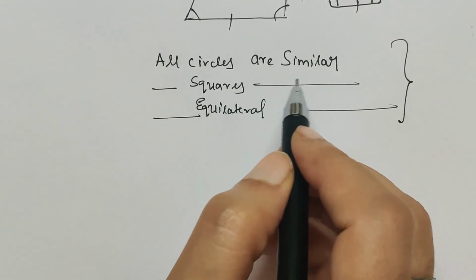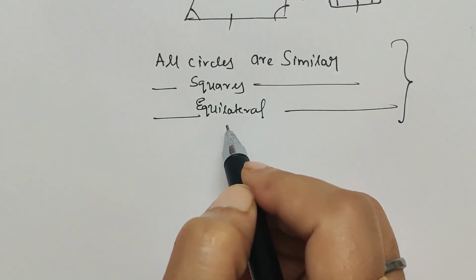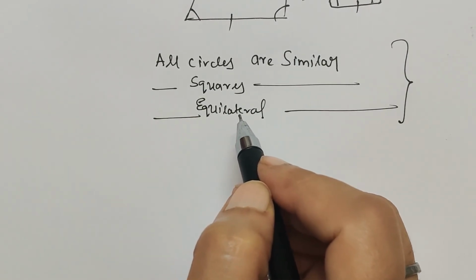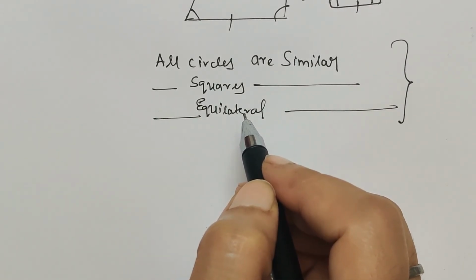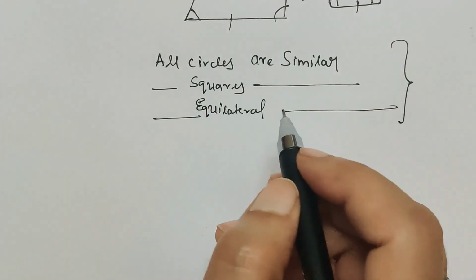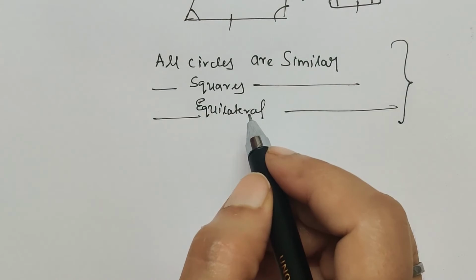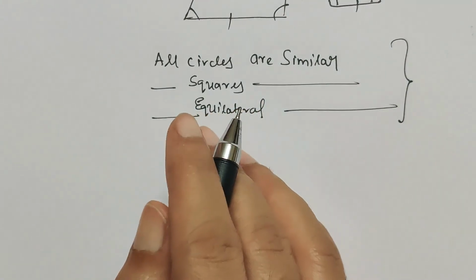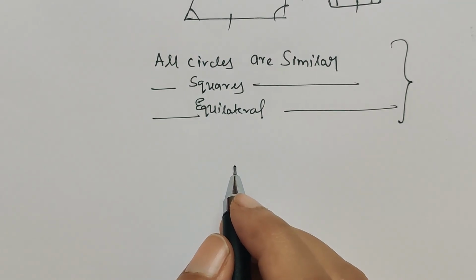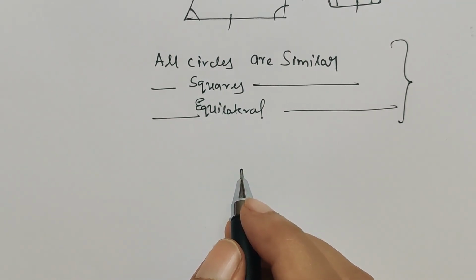All squares are similar and all equilateral triangles are also similar, because every such triangle will have equal angles only, each 60 degree, and when we find the ratio of the corresponding sides, that will also be the same.